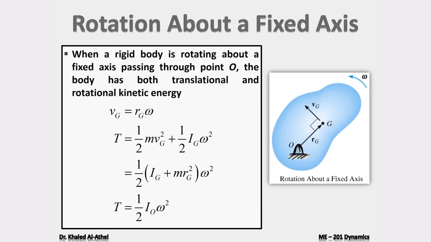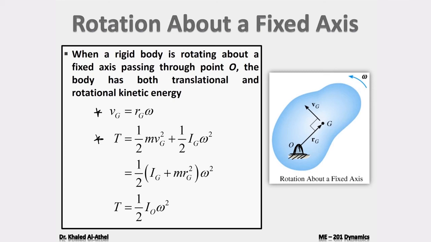Now, remember from kinematics of a rigid body that the relation between the velocity of the center of gravity and the angular velocity is vG equals rG times omega. This is something that you already know, so keep this in mind. Now, let's go to the expression that we discussed. Kinetic energy equals half m vG squared plus half IG omega squared.